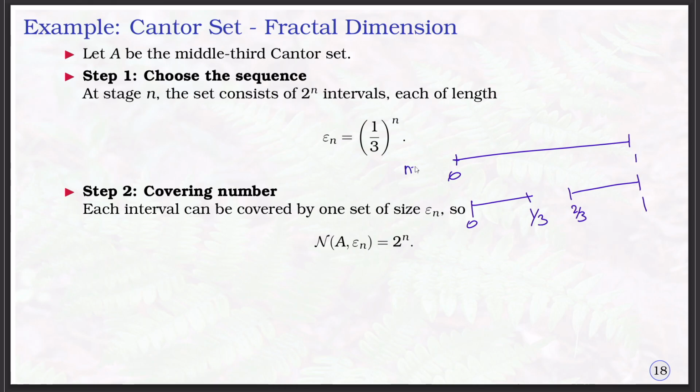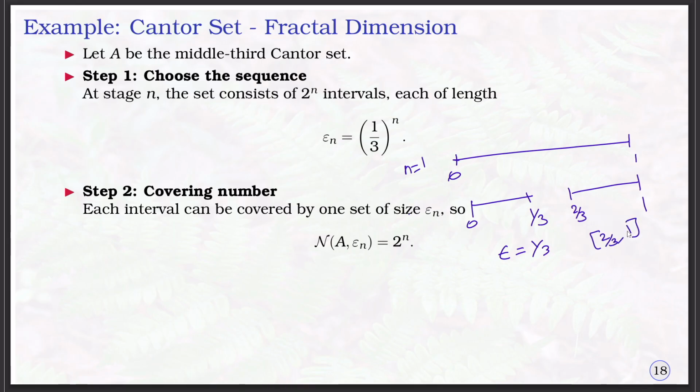If you take n equal to 1 and fix epsilon equal to 1 by 3, then each interval can be covered by one set of size epsilon 1. So, this set is covered by the closed ball of radius 1 by 3, the closed interval 0 comma 1 by 3, and here also 2 by 3 comma 1 can be covered by the closed interval 2 by 3 comma 1.